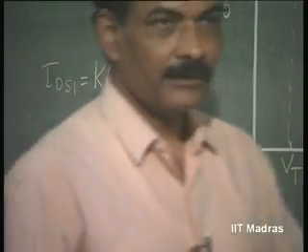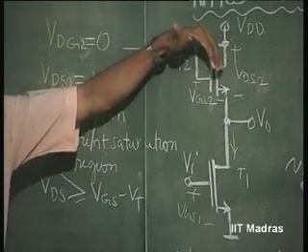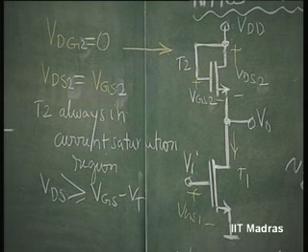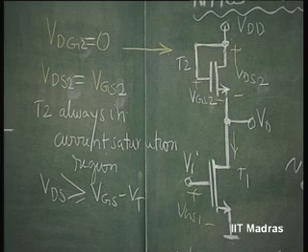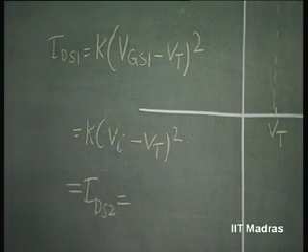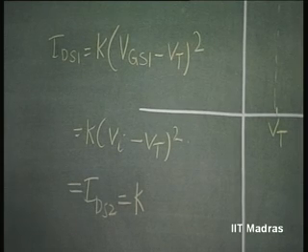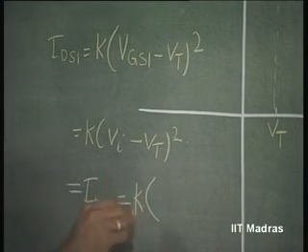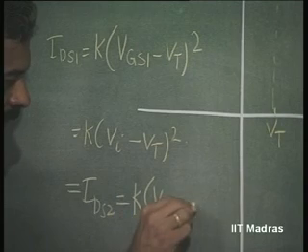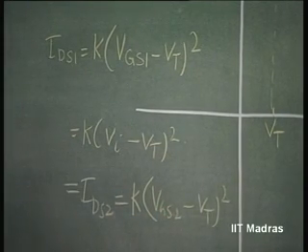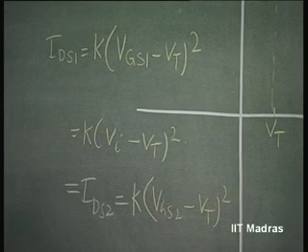This current is same as IDS2. So, this is same as IDS2, which is going to be K times how much? VGS2 minus Vt whole square, because that is also in the current saturation region.